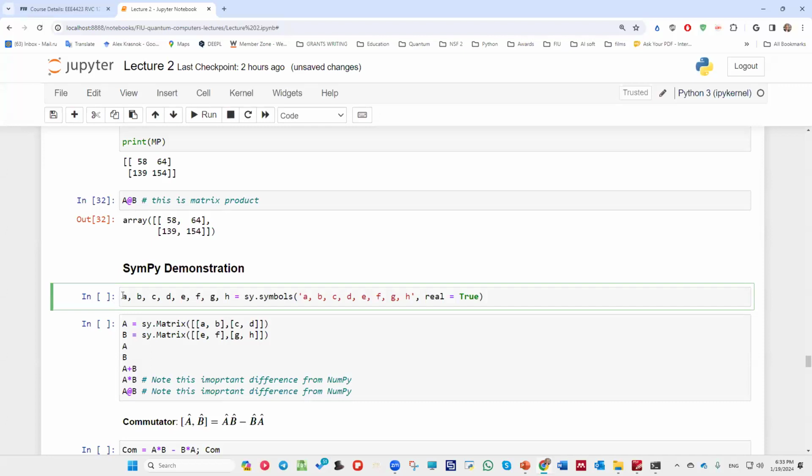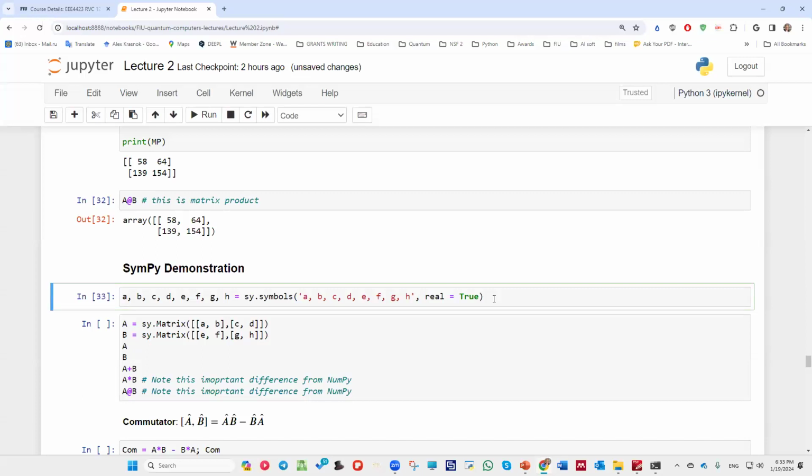So first, you always need to announce a number of mathematical objects, like variables, letters, right? In this case, A, B, C, etc. You call this function symbols from the library SymPy, and you give them a way to represent these symbols.